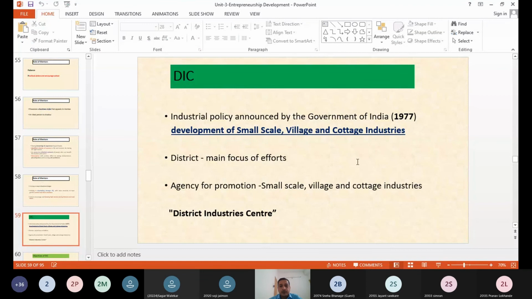The industrial policy which was announced by the Government of India in 1977 is focused on development of small scale village and cottage industries. And in that, the district was the main focus. Therefore, a separate agency for promotion of small scale village and cottage industries was established, which was given the name District Industrial Center.